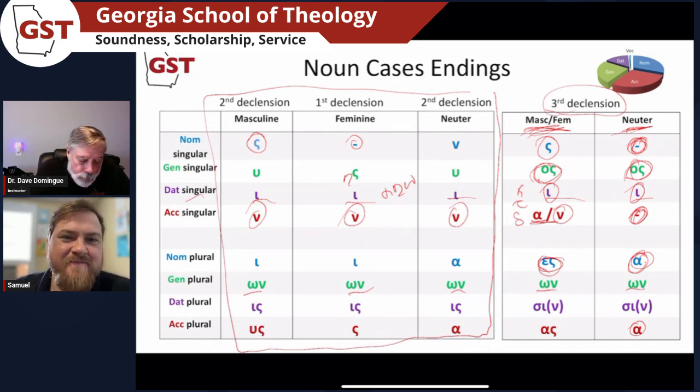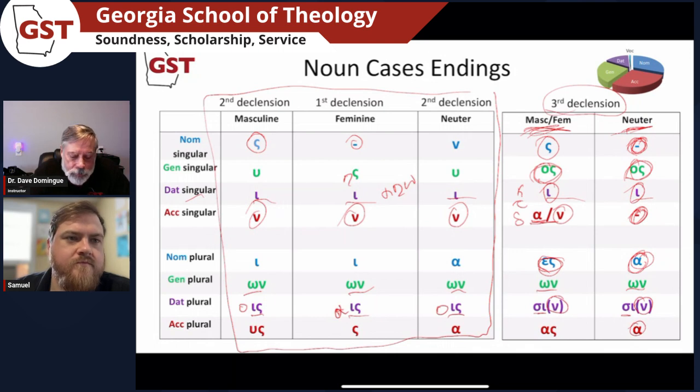Now, notice the dative plural. You learned dative plural, iota sigma, iota sigma, iota sigma, right? Here it's going to be with the connecting vowel, the omicron. Here's going to be probably the alpha. Here's going to be the omicron, if I remember right. But here it's the reverse, sigma iota with a movable nu. And so it's really the same pattern.